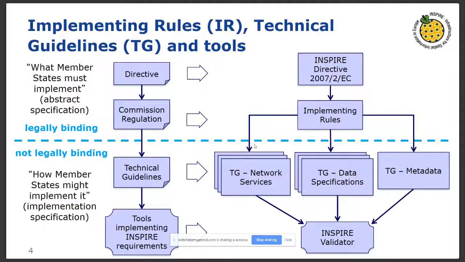They say what the member states must do to fulfill the Inspire requirements, the legal obligations, in terms of the different components, which are metadata to discover the data, data specifications for each of the 34 spatial data themes, so the conceptual data models, and the network services, which are divided into discovery services to discover the data through the metadata, view services, and download services to access and to download the data.